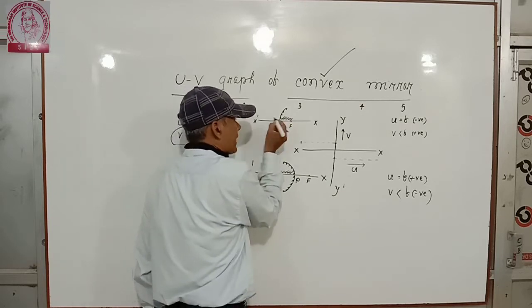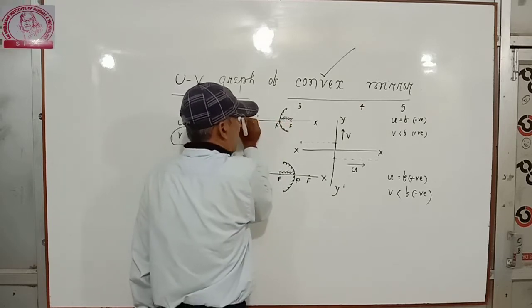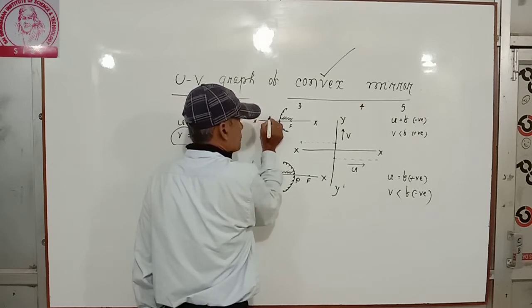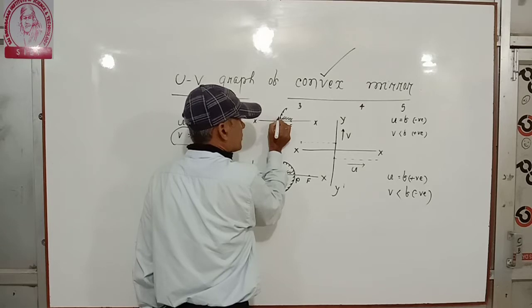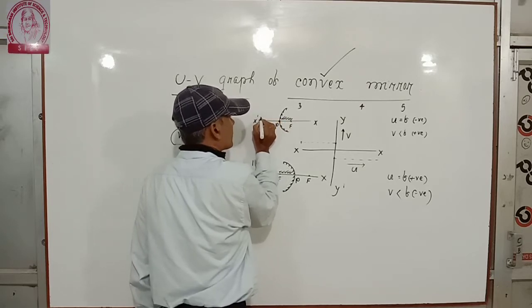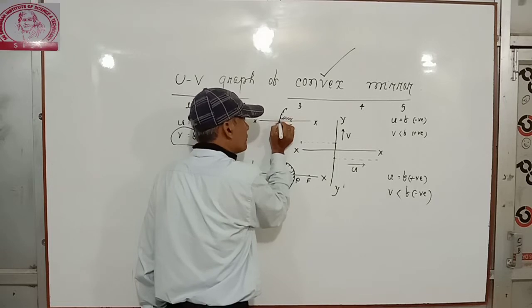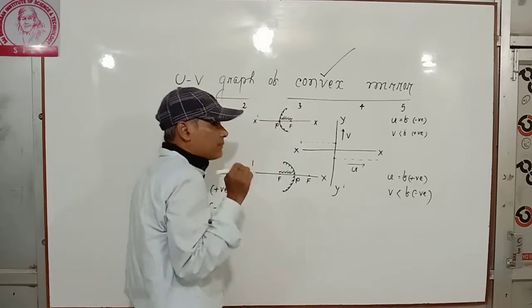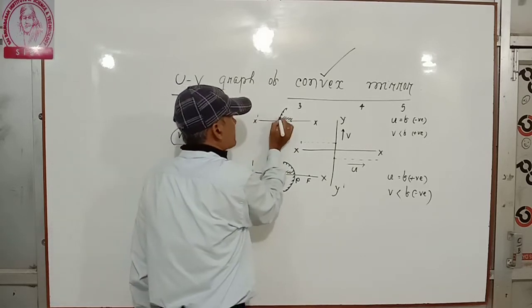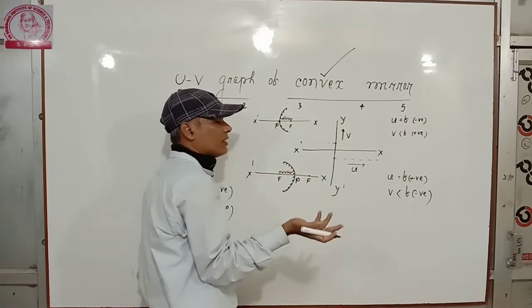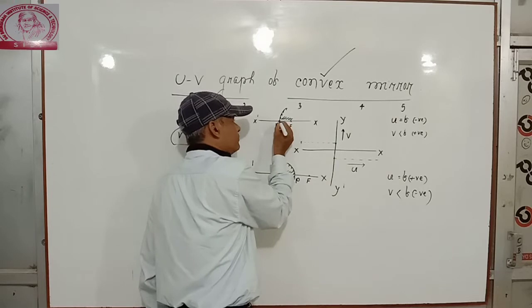At the same time, the object is also becoming closer to the pole. That means when the object is at the pole, no doubt the image will also be at the pole.